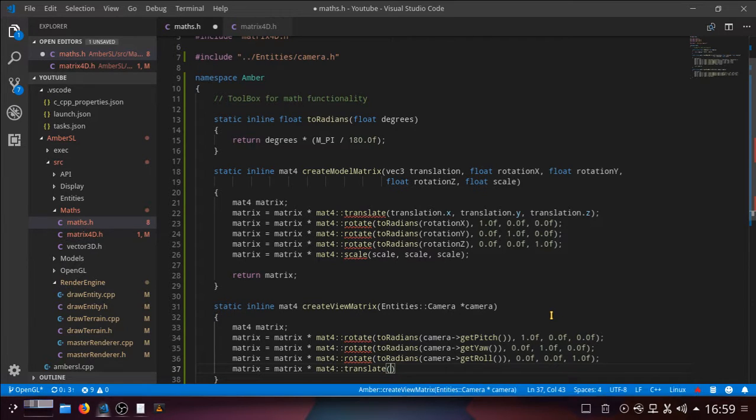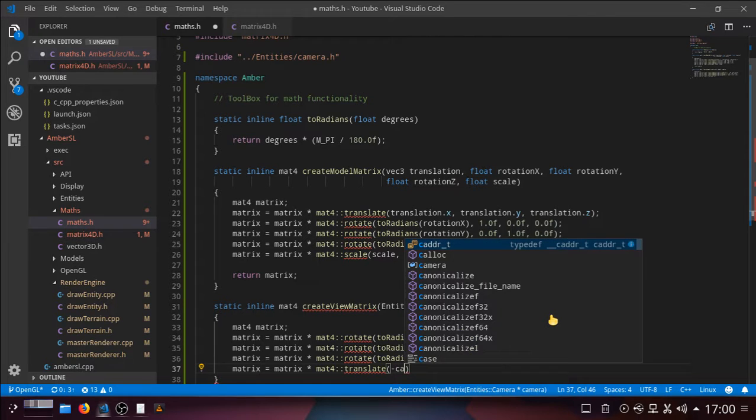Translation is backwards, and it's going to be minus, because the camera has to go in the reverse direction to whatever you want to see happen in the world. Think about it. If your camera rolls left, the world will roll right. So we have to minus everything here. So it's minus camera.